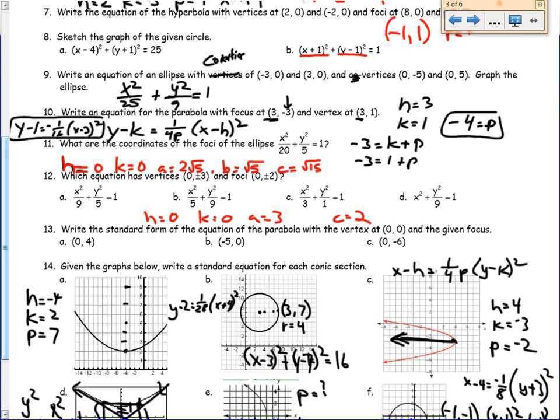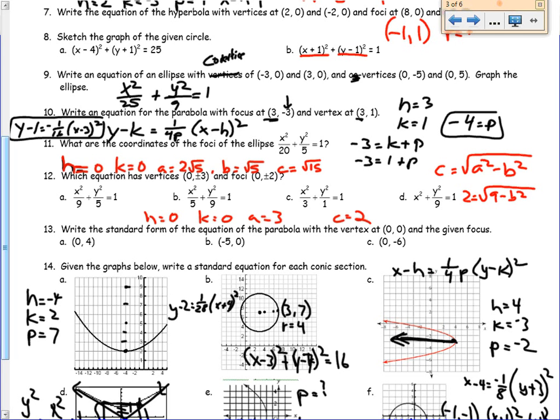So the only thing that we're missing here is B. How you go about finding B is that C is equal to the square root of A squared minus B squared. So now it's just a matter of calculating it. I put my 2 in right there, so 2 equals the square root of 9 minus B squared.